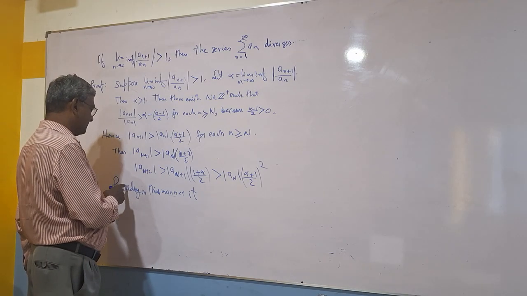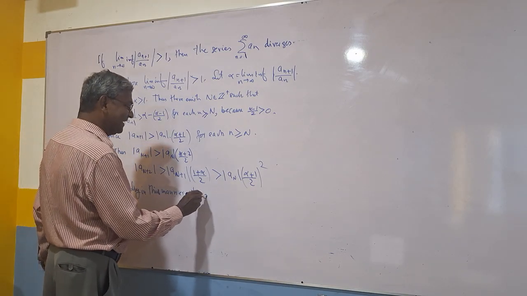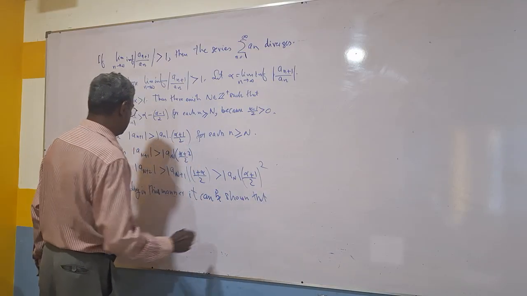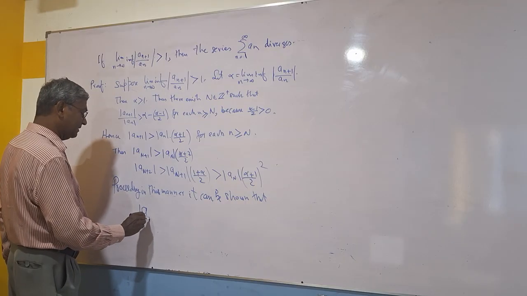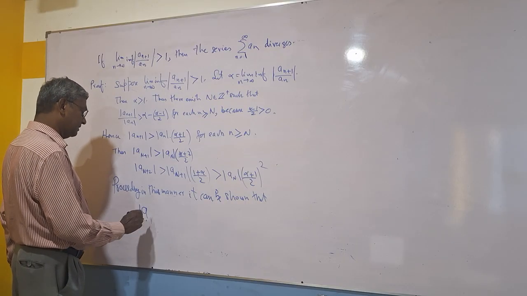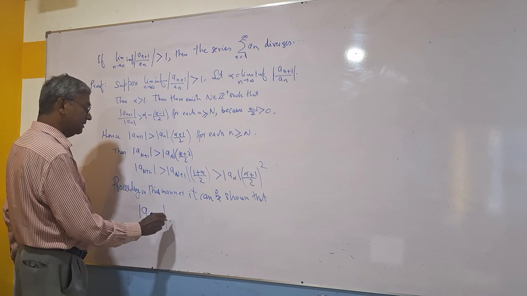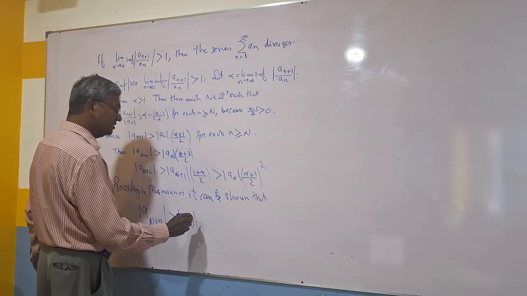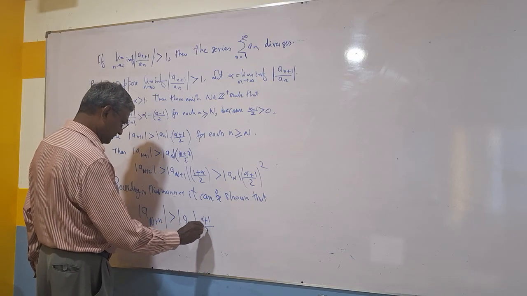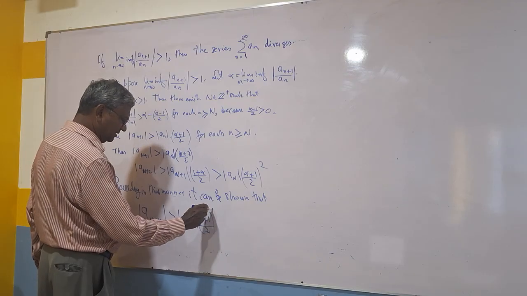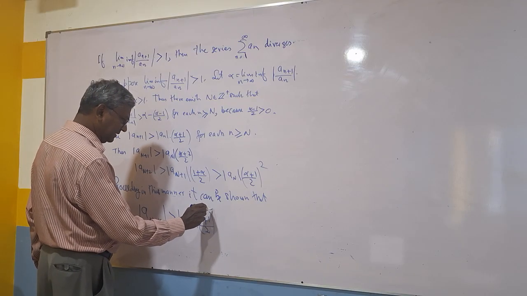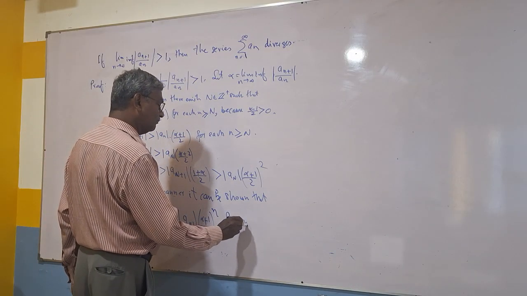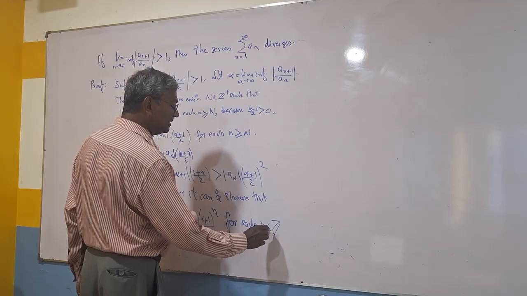Proceeding in this manner, it can be shown that mod of a_{N+n} is greater than mod of a_N times ((alpha plus 1) divided by 2) to the power n, for each small n belonging to Z plus.